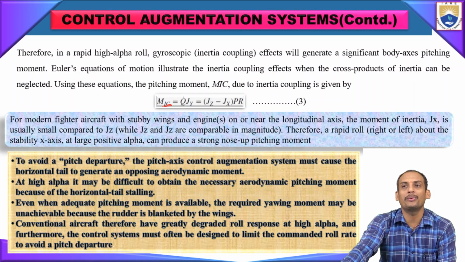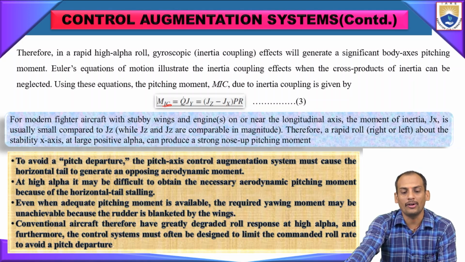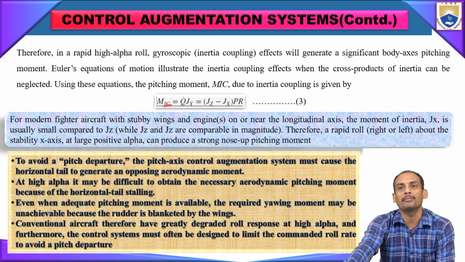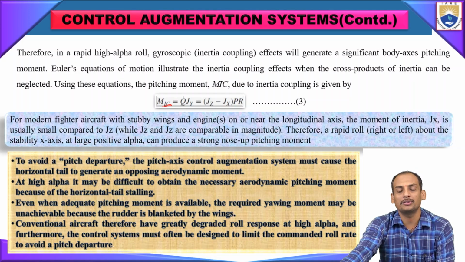So a rapid roll about the stability x-axis at a large positive alpha can produce a strong nose-up pitching moment.